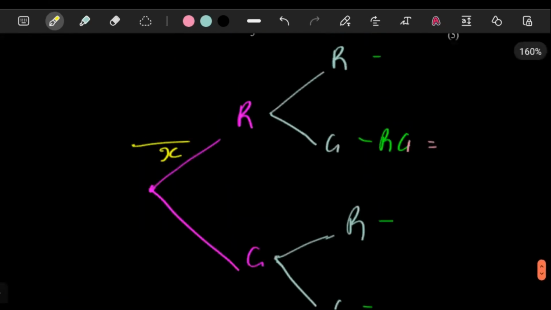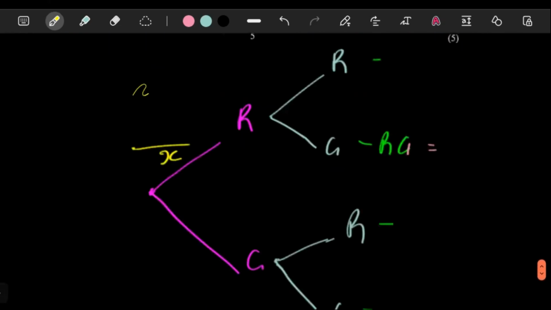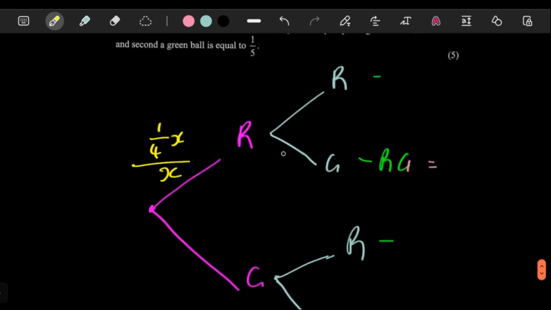So the amount of red is just 1 over 4 of X. And the amount of greens, we said it's just 3 over 4 of X, and the total is X. So the chance of choosing red the first time is a quarter X over X. And then green, all the greens are still there, so it's 3 over 4 X. But the thing is, 1 is gone.